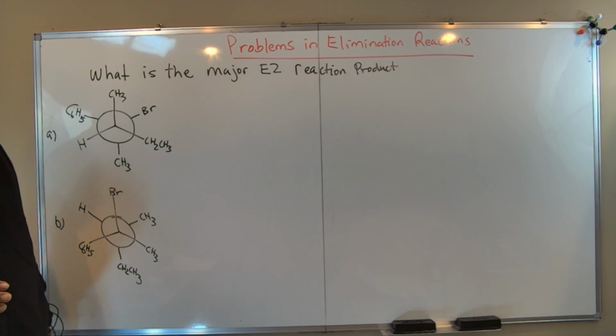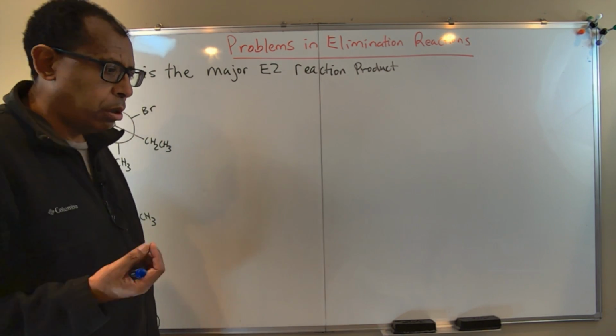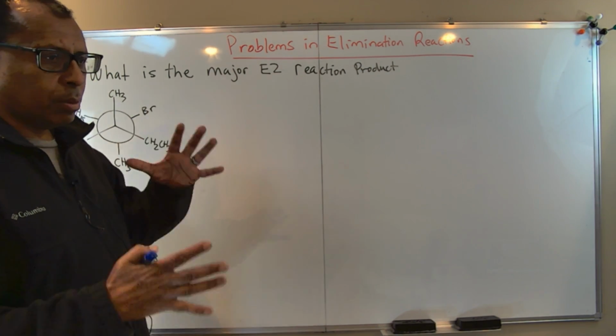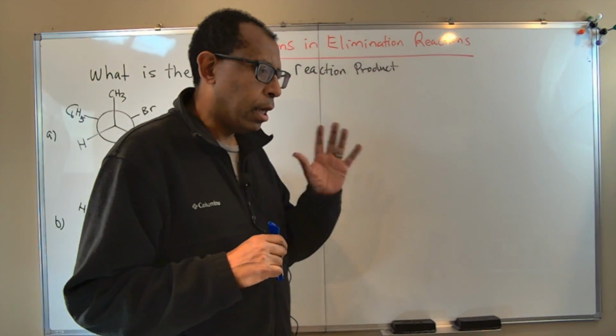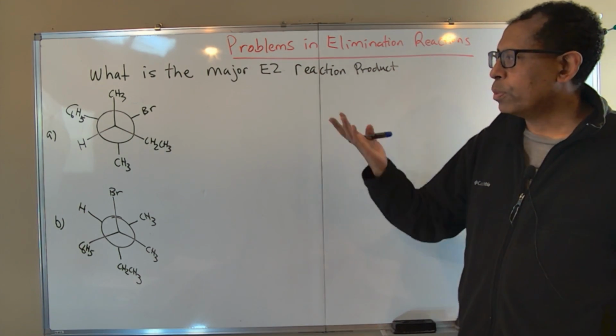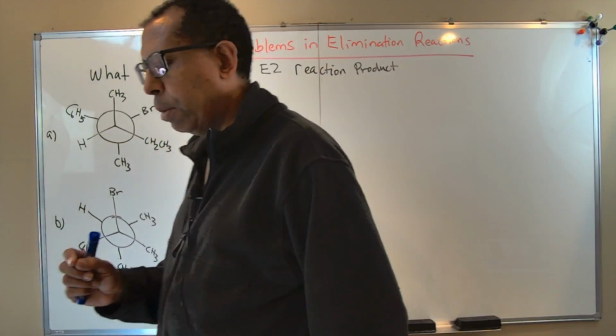So for E2 reaction, we have also concluded that the hydrogen that's to be abstracted and the halide that would leave in dehydrohalogenation would be anti-periplanar. What's anti-periplanar?